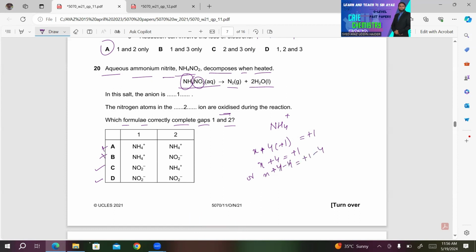So nitrogen must be carrying -3 charge in this case. What about nitrogen N2? It must be carrying 0 charge.